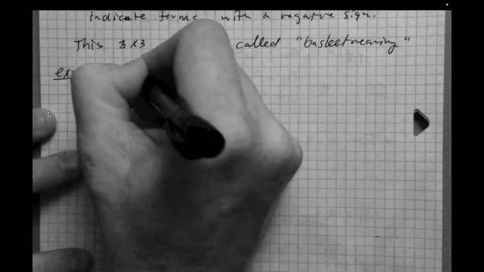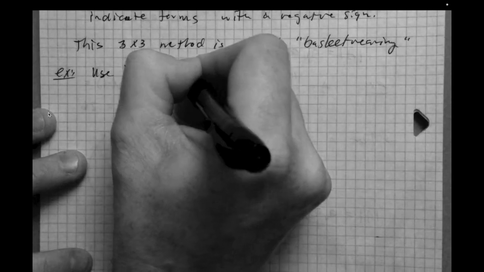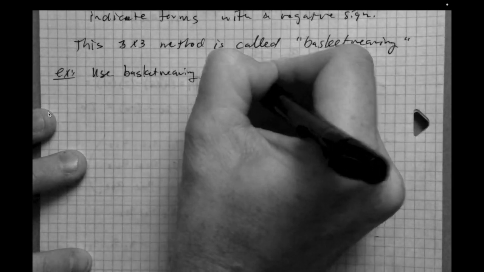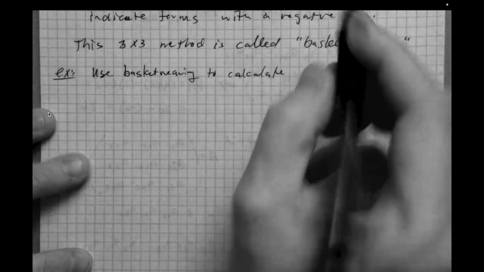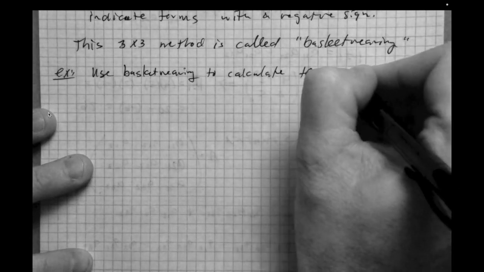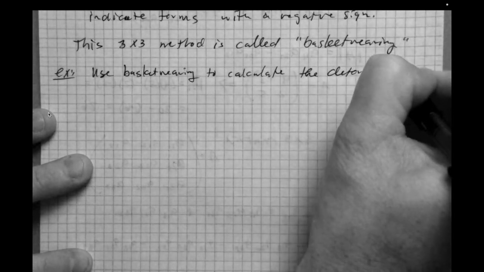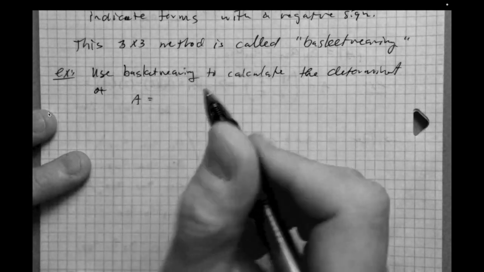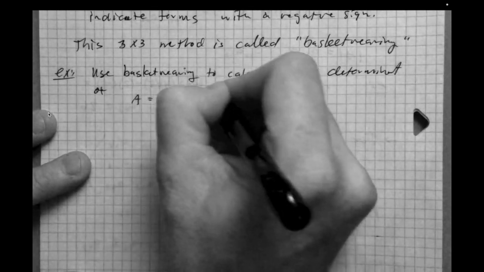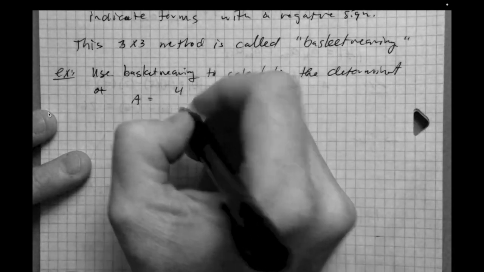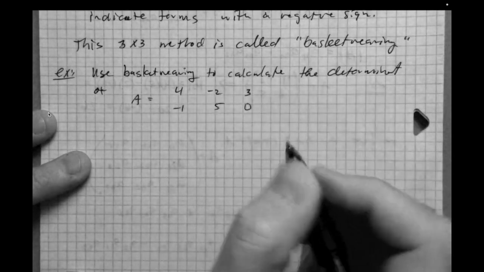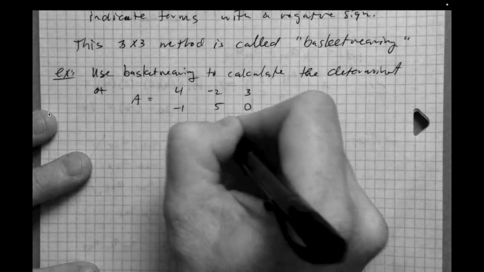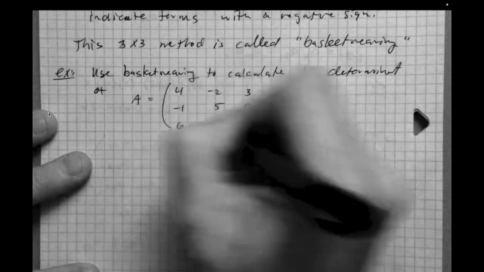Use basket weaving to calculate the determinant of, okay, our matrix A, which will be 4, -2, 3, -1, 5, 0, and then 6, -1, -2.